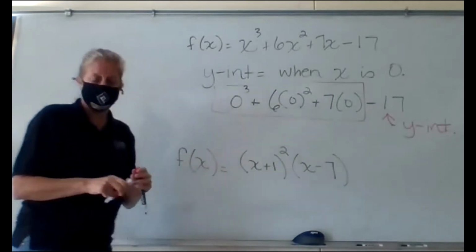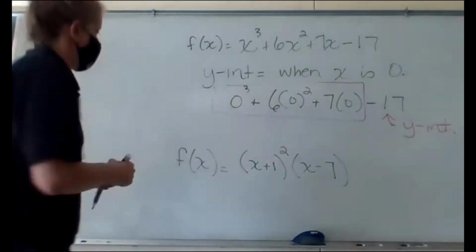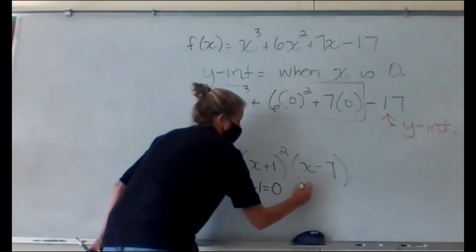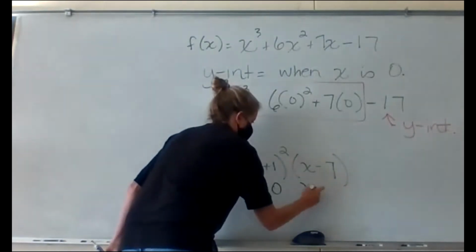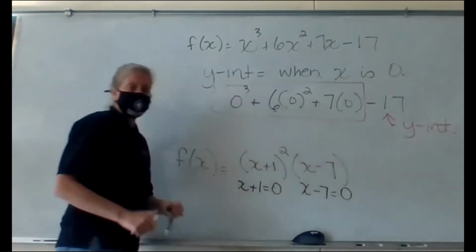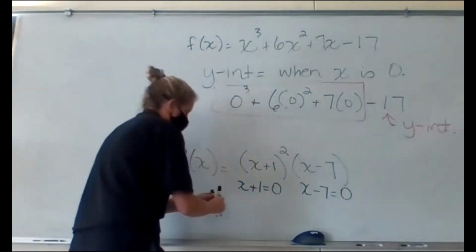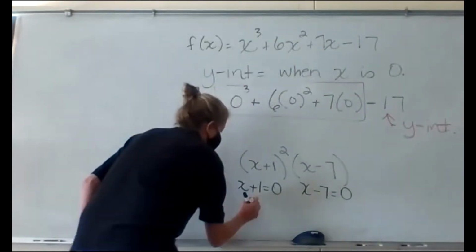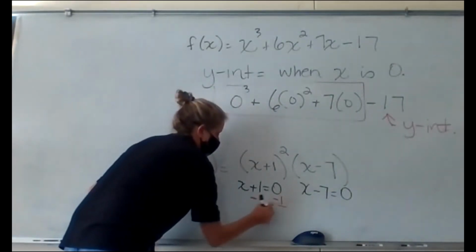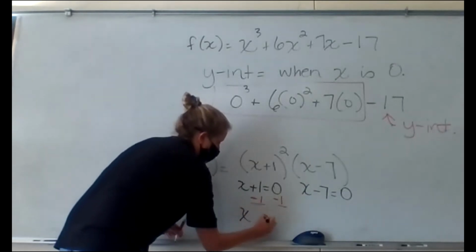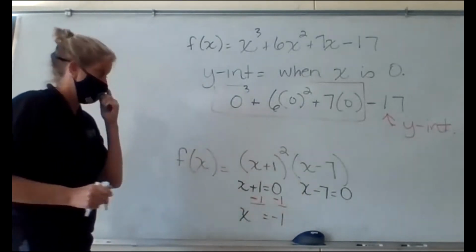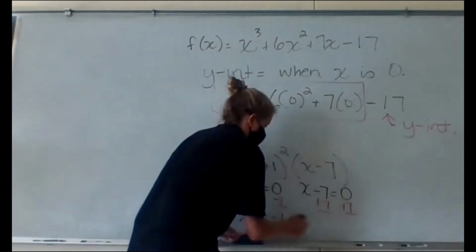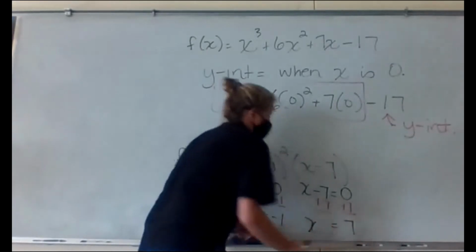Remember how we did this on Friday is you set each factor equal to 0, solve them for X, which means here I would have to subtract 1 from both sides. So here, X would equal -1. Here I'd have to add 7 to both sides. So X would equal 7.